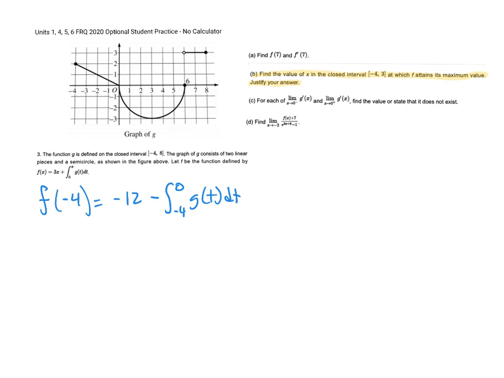Now, as you know, that's the area between the curve and the x-axis from negative 4 to 0. So there's a little triangle there. That value is 4 times 2 over 2, so that's 4. So this is negative 12 minus 4, which is negative 16. Let's make a note that that is less than 0.